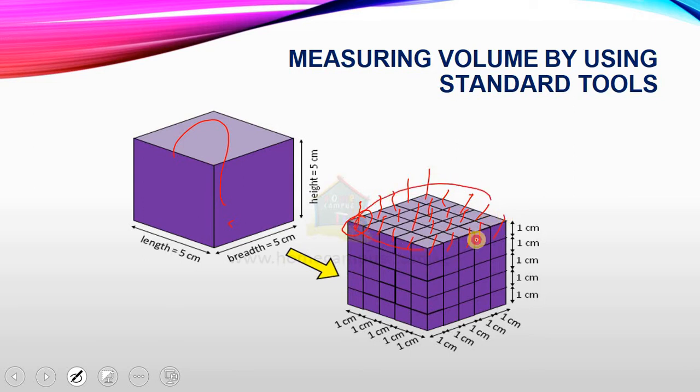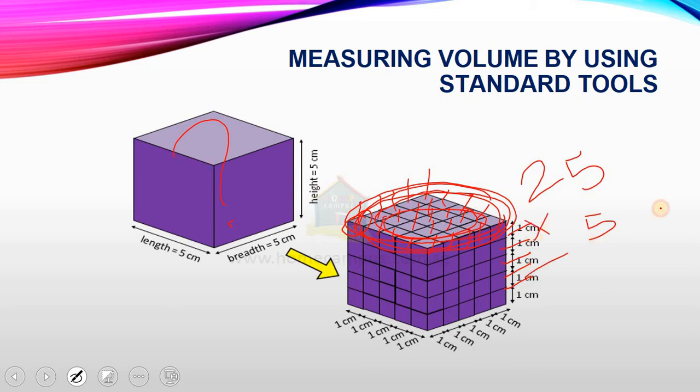So in this first layer, tingkat yang pertama ni, ataupun lapisan pertama, we have 25 cubes, right? So to measure this, we have 1, 2, 3, 4, 5. So we have 5 levels ataupun 5 layers, ataupun kita ada 5 tingkat ataupun 5 lapisan.